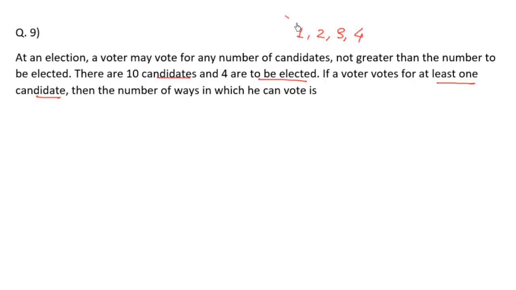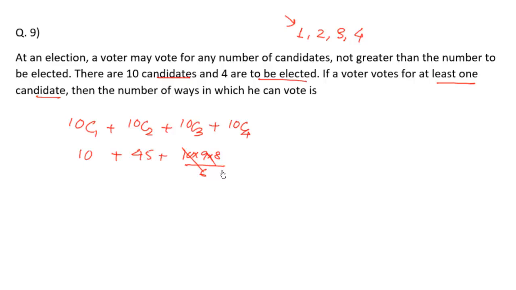If a voter wants to vote for only 1 candidate, he can do so in 10C1 ways, right? For 2 candidates, it will be 10C2. For 3 candidates, it is 10C3, and for 4 candidates, it will be 10C4. So we have to add all these numbers. Let's do the math. 10C1 is 10. 10C2 is 10 into 9 by 2, which comes out to be 45. 10C3 is 10 into 9 into 8 divided by 6, which comes out to be 120.